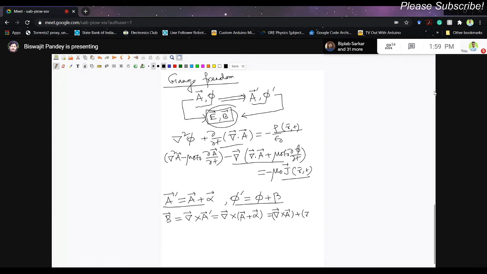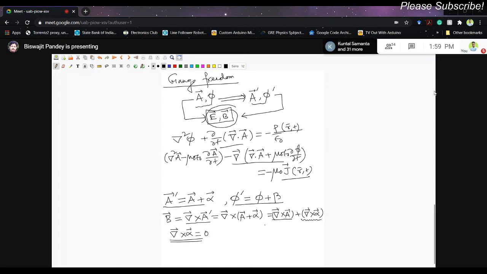Curl of A is B, and we are demanding that the curl of A prime also should be B. That means the curl of the quantity we have added to A must be equal to 0. This is one condition that has to be satisfied.